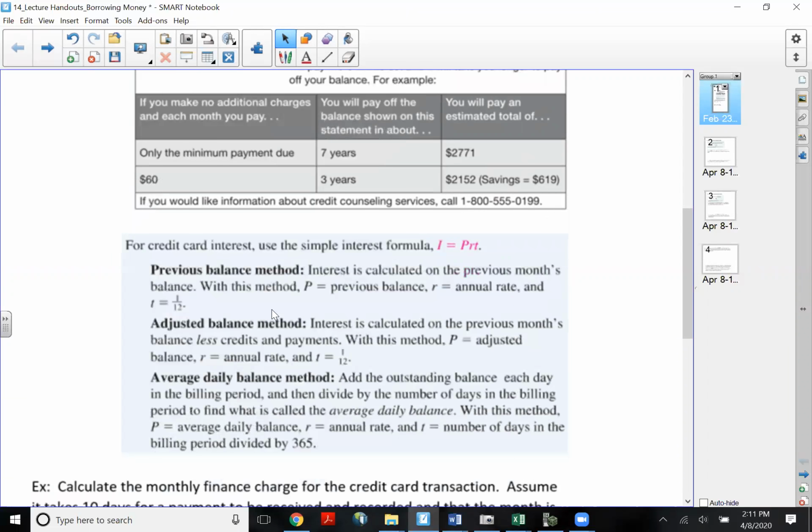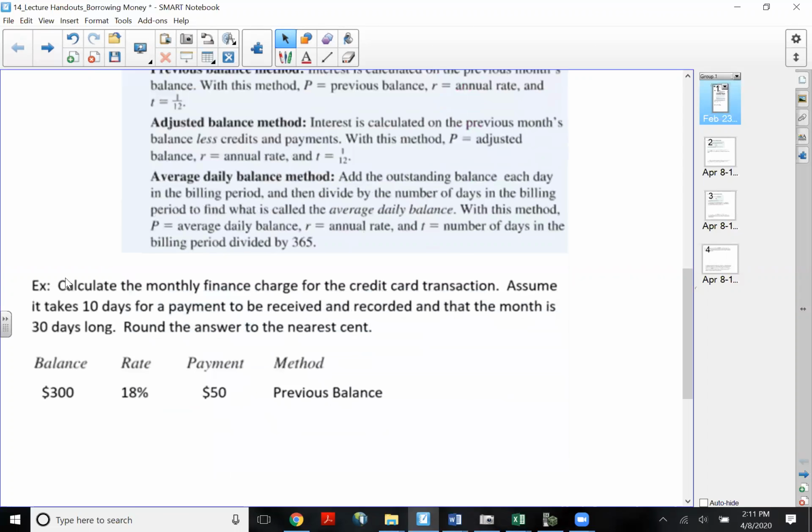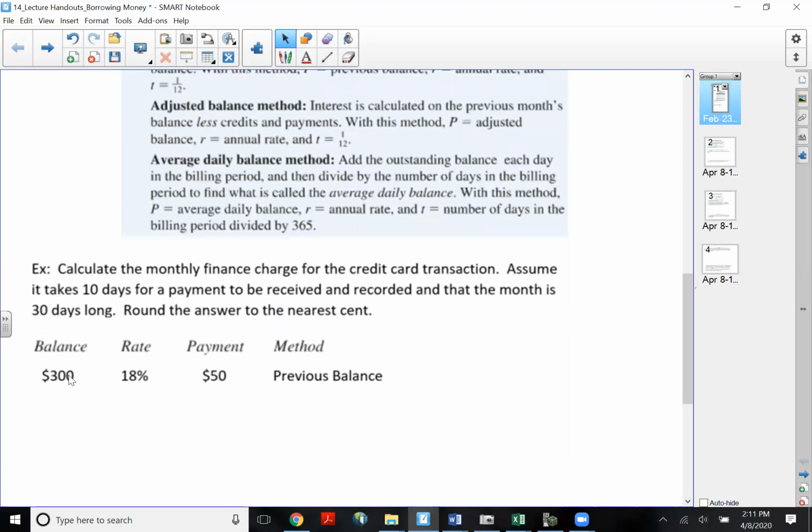So let's do an example of the previous balance method. Calculate the monthly finance charge for the credit card transaction, assuming they take 10 days for a payment to be received and recorded, and that the month is 30 days long. We will need this piece of information on the third type, average daily balance. But right now, the balance here is $300, which refers to the previous month's balance.